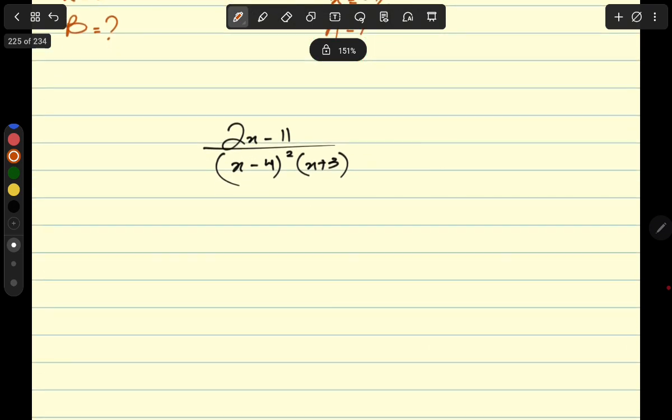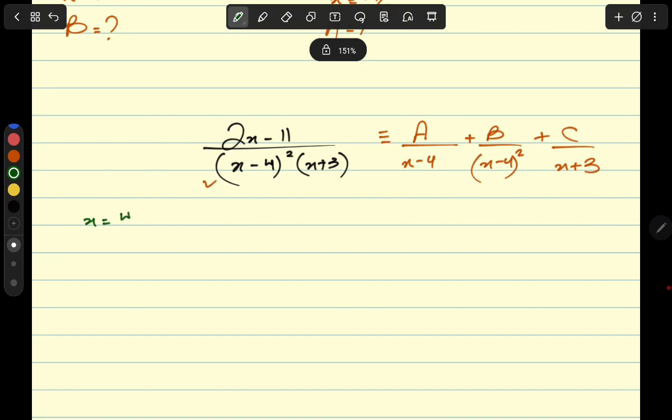Now the second thing that we did was repeated factors. And how did we do that? We decomposed it into a upon x minus 4, the second one would be b upon x minus 4 whole square, and the third one was c upon x plus 3. Again, we are going to make a few substitutions intelligently.